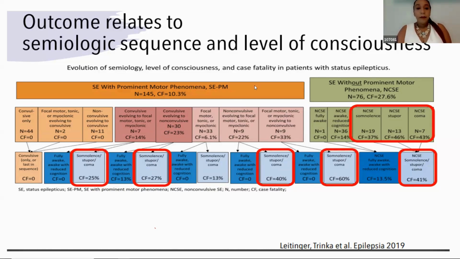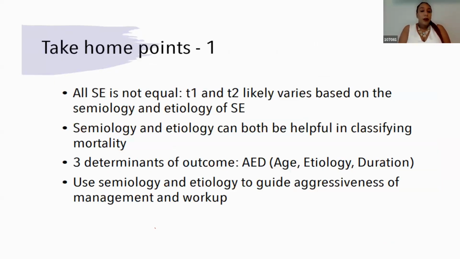Okay, good. So the take-home point here is all status epilepticus is not equal. T1 and T2 likely vary based on the semiology and etiology of status epilepticus. Semiology and etiology can both be helpful in classifying mortality. Three determinants of outcome again are the age, the etiology, the duration, right?